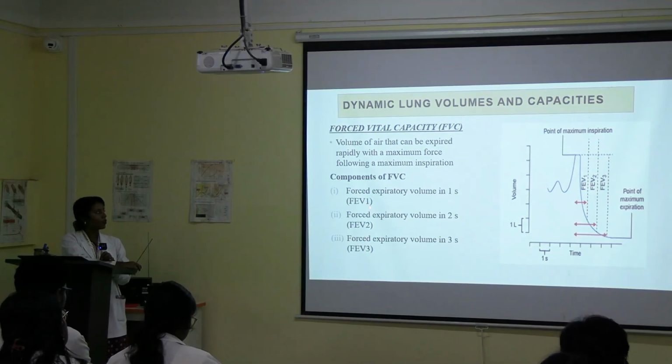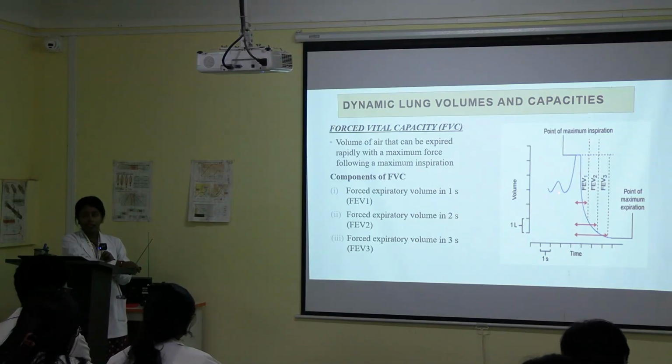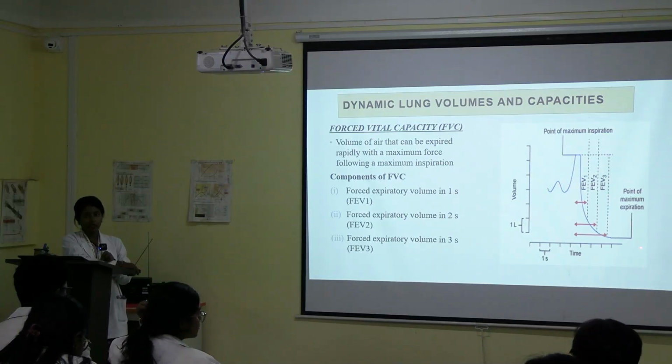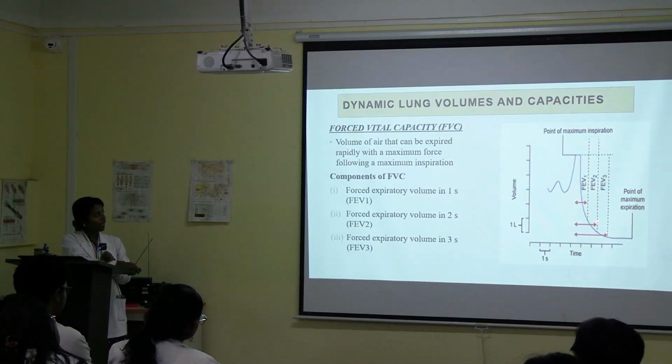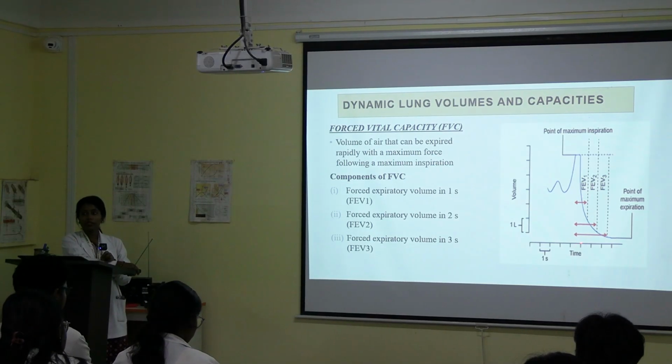These are the components: FEV1, FEV2 and FEV3. What does FEV1 mean? The forced expiratory volume in 1 second. You can see this is a normal tidal expiration. After the person takes the forced vital capacity, the air expired within 1 second is FEV1, then 2 seconds FEV2, 3 seconds FEV3.